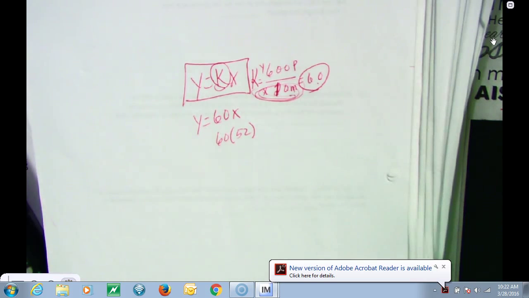Write down the right formula, follow it. Write down what you know to find out what you don't know. And don't give up. And if you get stuck on a question, what should you do? Skip it and go back. Because sometimes you go back and you're like, oh man, why was I struggling with this? This is easy. This is simple.